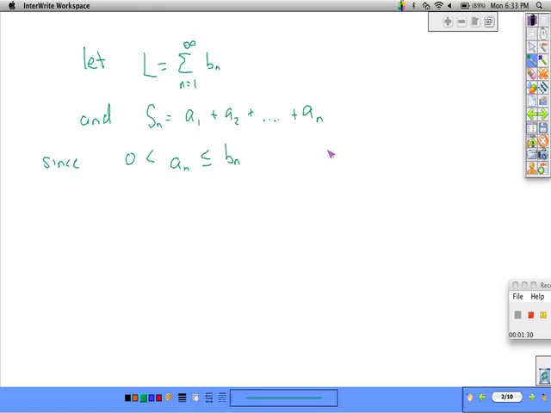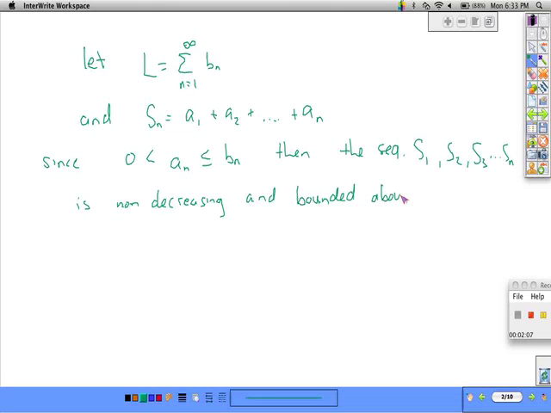then the sequence S1, S2, S3, the sequence of partial sums, is non-decreasing and bounded above by L. So it must converge.